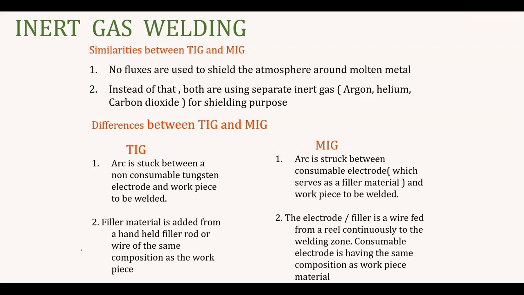Here the filler material is added from a handheld filler rod or a wire of the same composition as the workpiece, whereas in MIG the filler wire and electrode are fed in wire form from a reel continuously to the weld zone. So in TIG the filler rod and electrode are separate, whereas in MIG both are the same, since it is a consumable electrode.